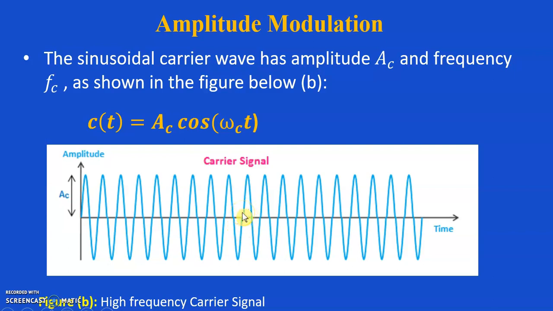So here we are going to explain the amplitude modulation, where the amplitude of the carrier signal will be modified or changed in accordance with the message signal, while we keep the frequency and phase constant.